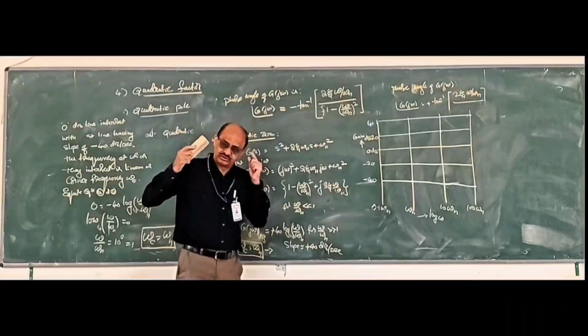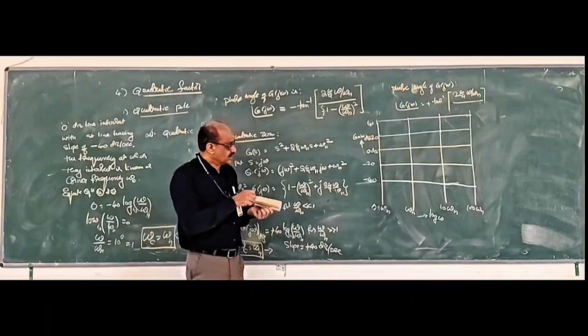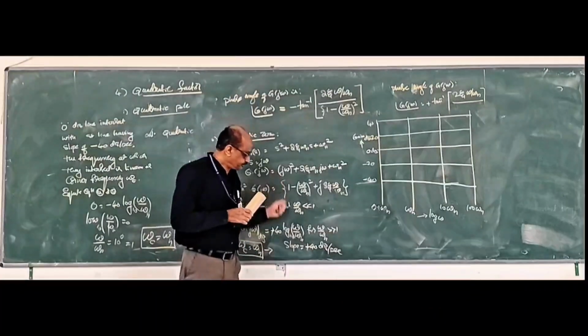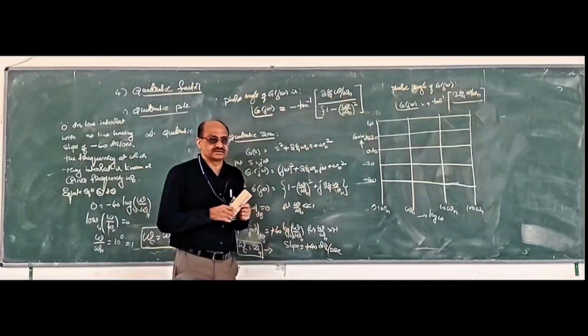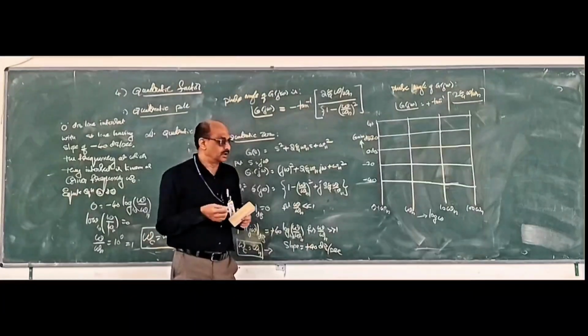This is very important, just remember it. I have derived that so that you have a justification, so I will go for a summary. You need to remember only that summary.